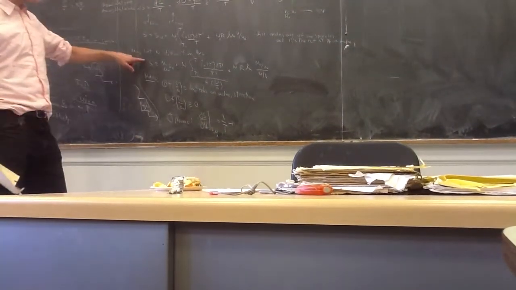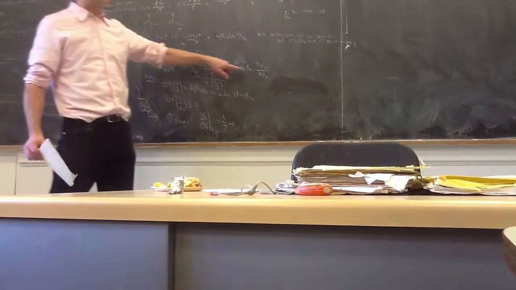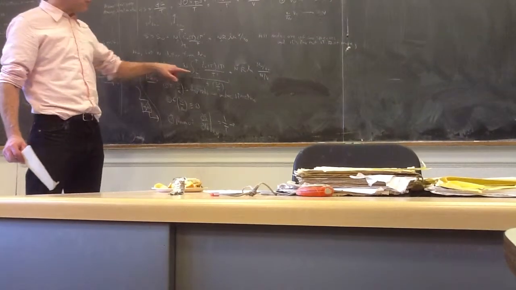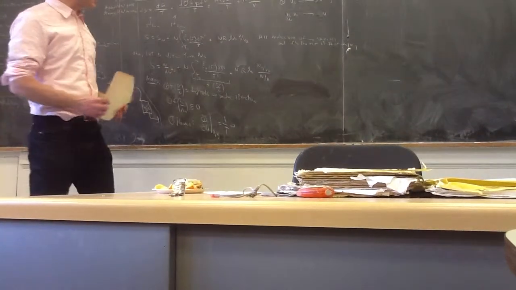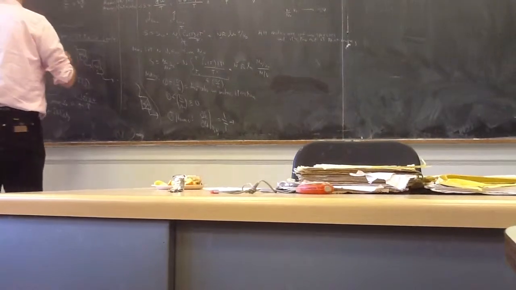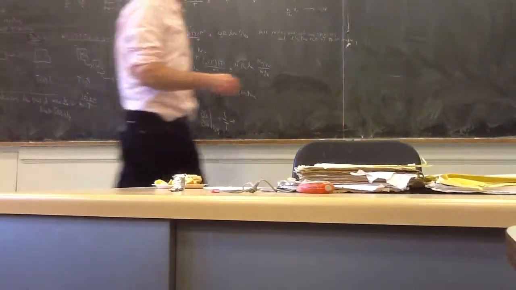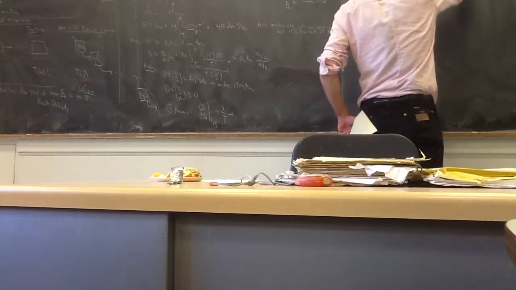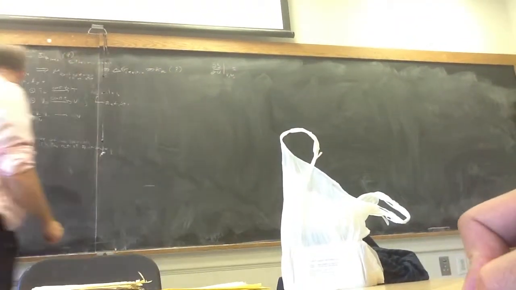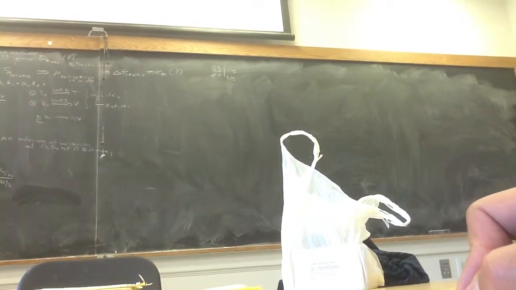Well, if I look at the S du, there's no U here and there's no U here. So if I take the S du, let's do that derivative. So I have the S du at constant V and Nj. That's equal to, these two terms have no U in them, so they're 0.